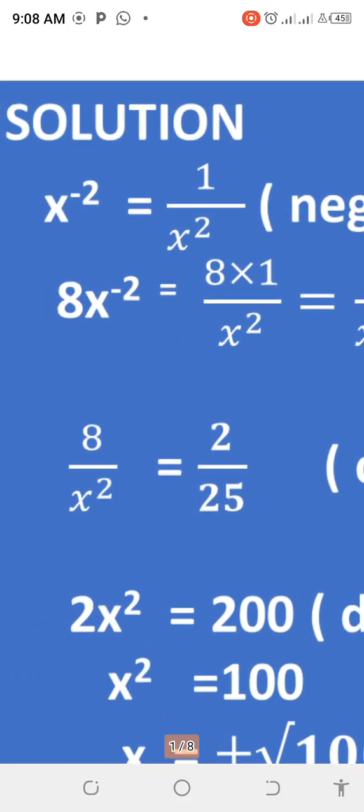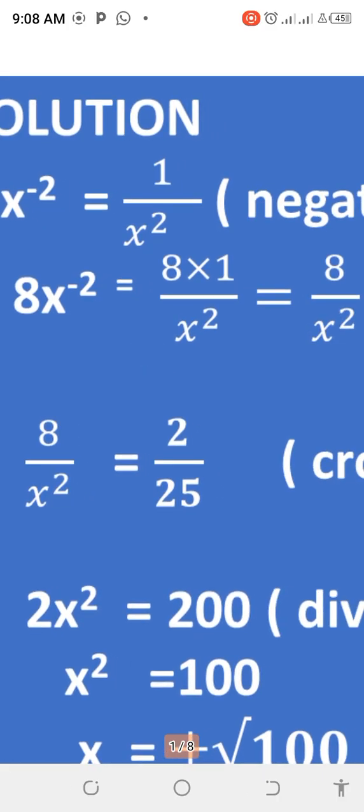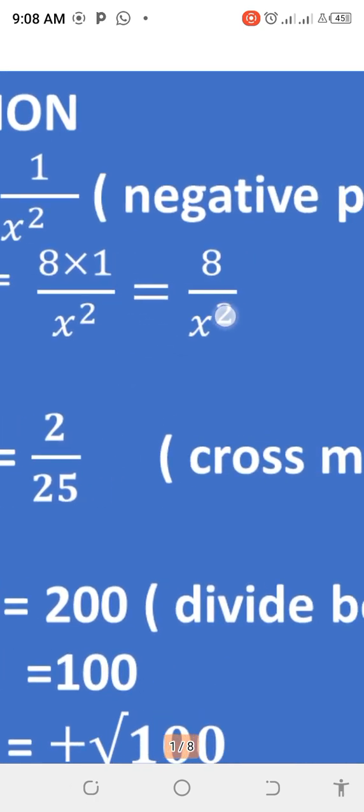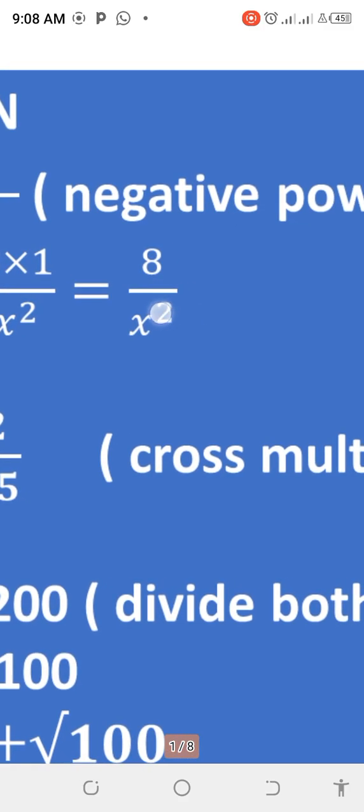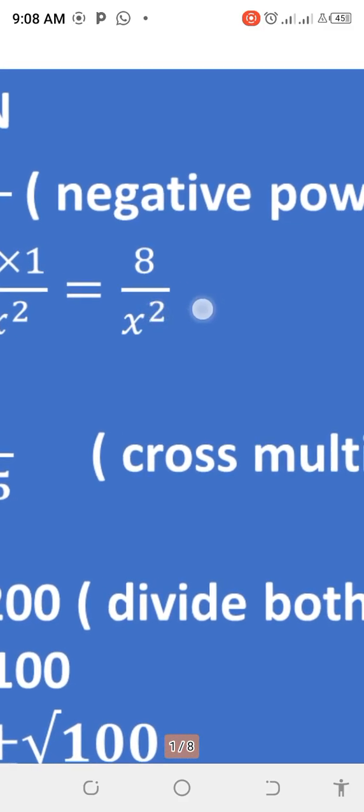Now, 8x raised to power negative 2 is the same thing as 8 times 1 over x raised to power 2, which is equal to 8 over x raised to power 2.